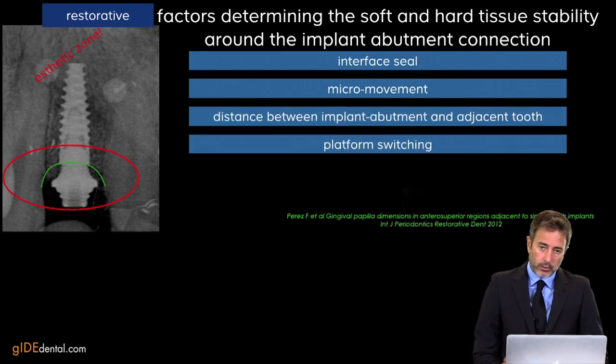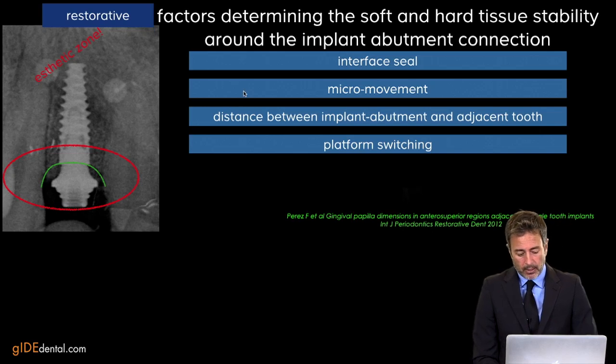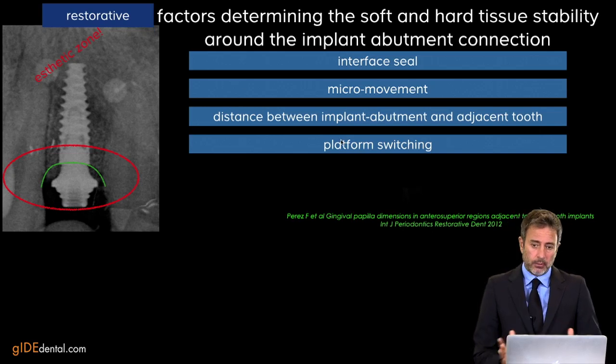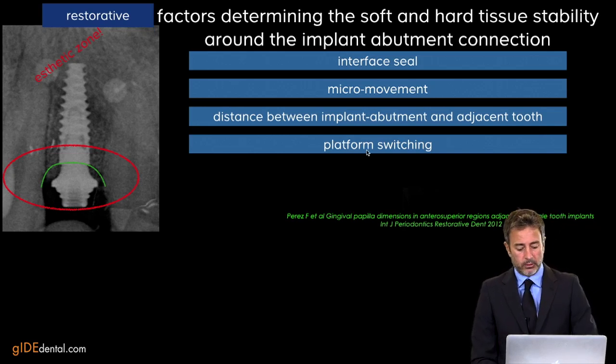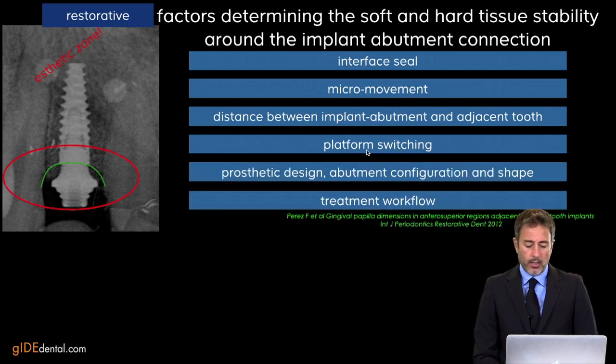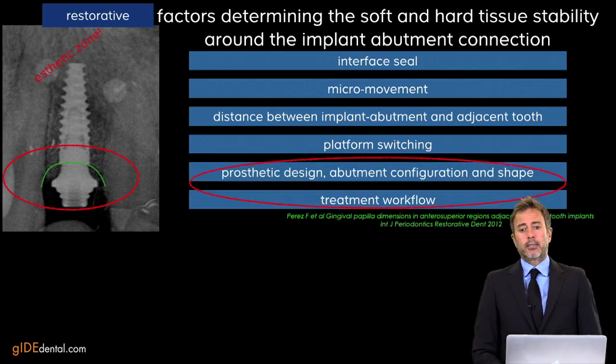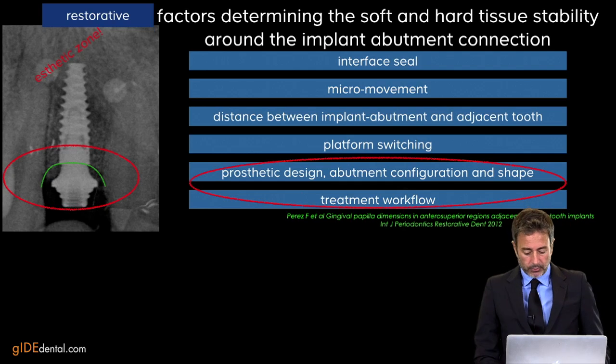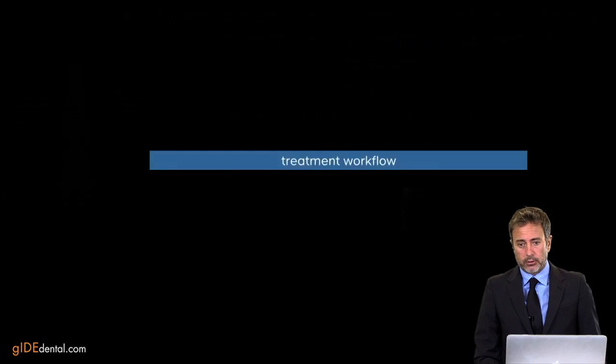The distance between the abutment and the adjacent tooth is also very important. And we will see that if we have proximity between an implant and the adjacent tooth, then there is a reason to use a platform switching concept. And this is, for me, the most important reason to use a platform switching concept, especially in single implants. And last but not least, the prosthetic design, the abutment configuration, the shape of the abutment, and the treatment workflow are very, very important.